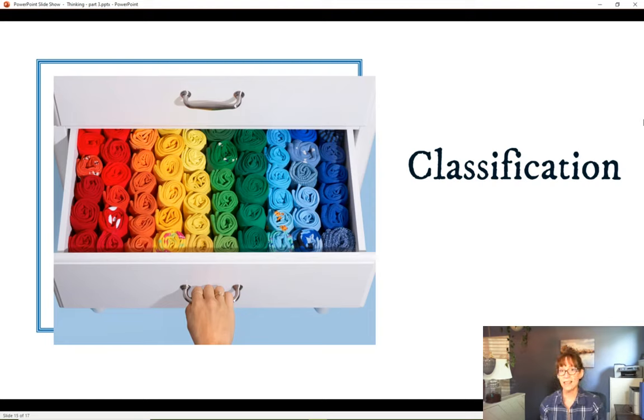For instance, this sock drawer has been organized by the attribute of color. We classify artifacts to help us make inferences or decisions more quickly and efficiently. Obviously, this organized sock drawer makes it pretty easy to find your dark red socks.